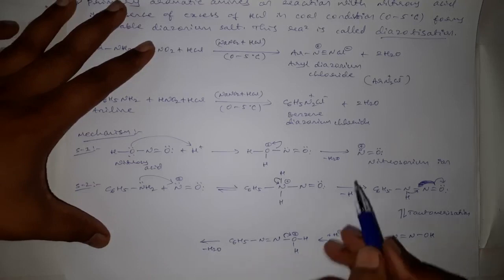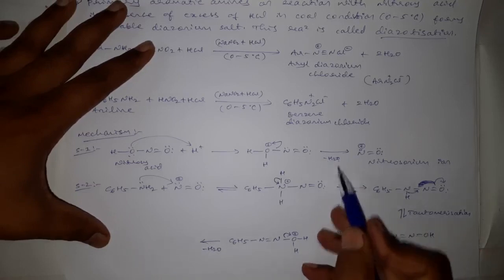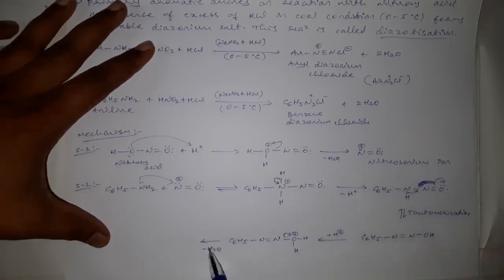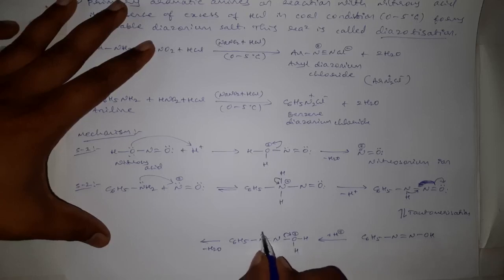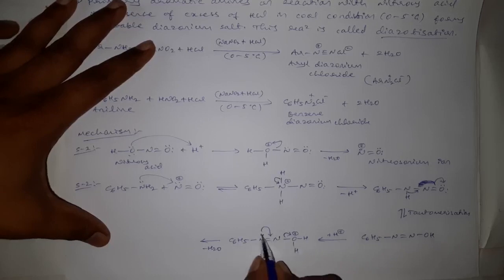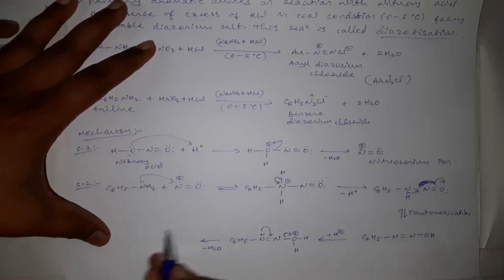Here already one molecule of water is liberated, and now this nitrogen will form triple bond with the delocalization of these lone pairs of electrons from nitrogen to here.